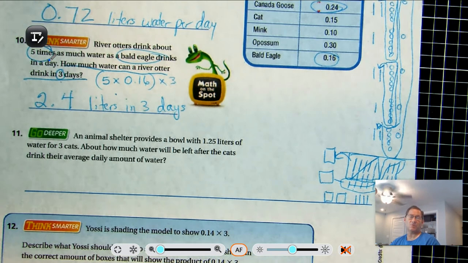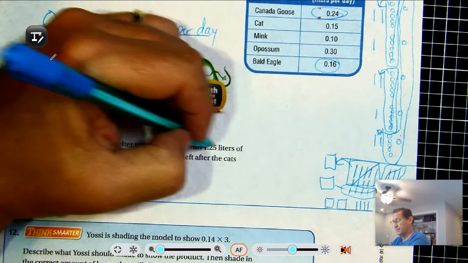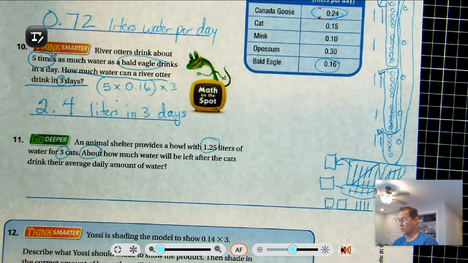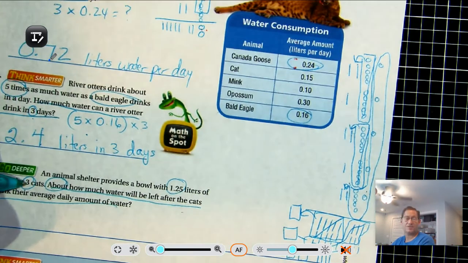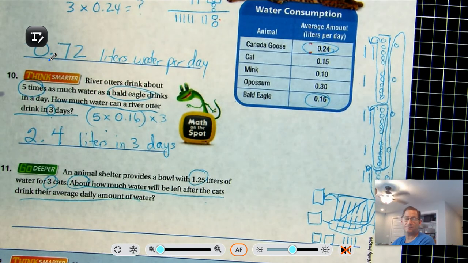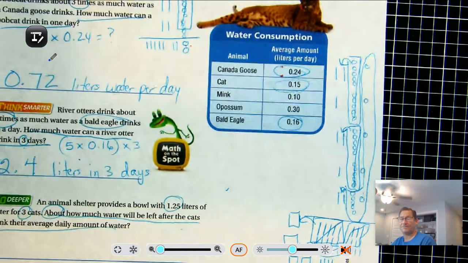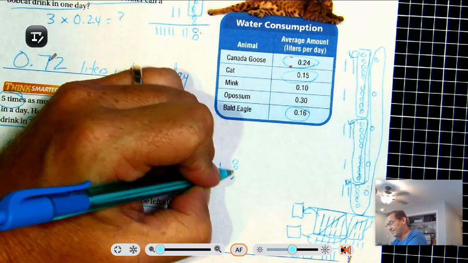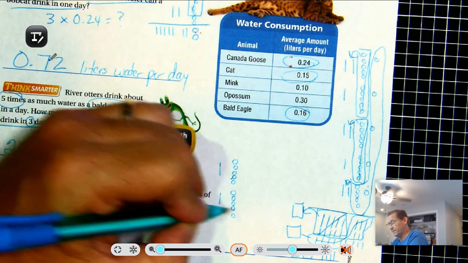Right, number 11. An animal shelter provides a bowl with 1.25 liters of water for 3 cats. About how much water will be left after the cats drink their average daily amount? About how much? All right, well, let's figure out how much the cats can drink in one day. We have 3 cats, and the cats are drinking 15 hundredths in one day. So we need 3 sets of 15 hundredths.